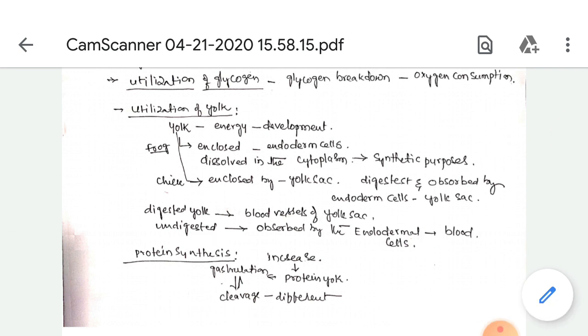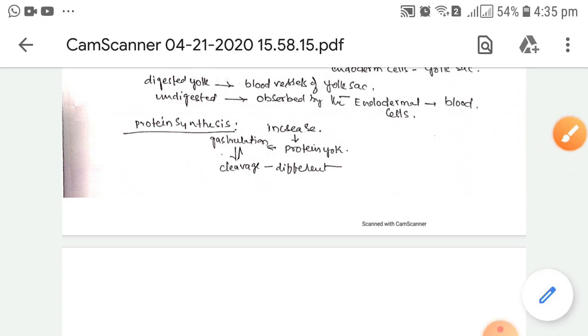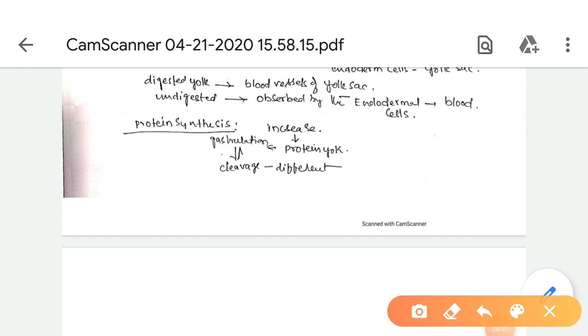Next one, protein synthesis. During gastrulation, protein synthesis is increased. The main source for protein synthesis is protein yolk.